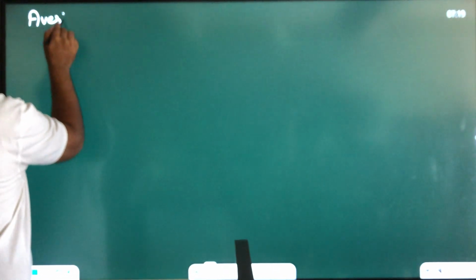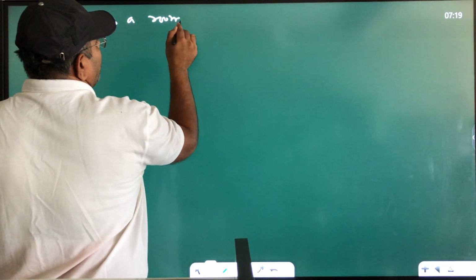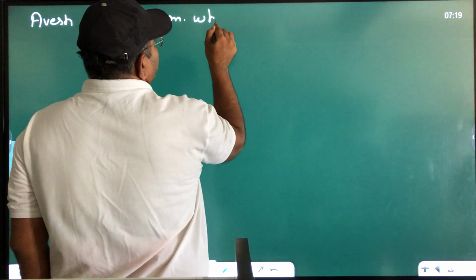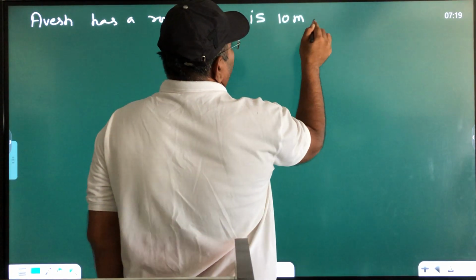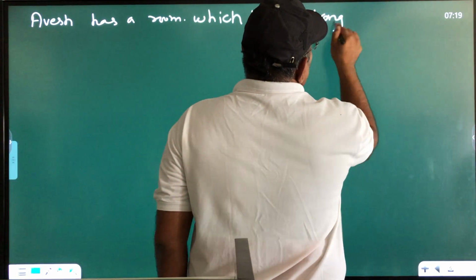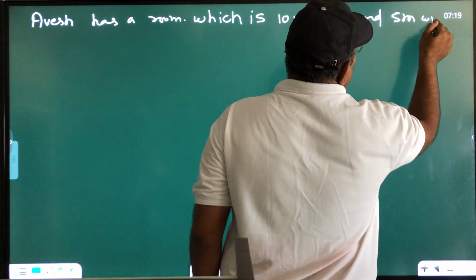For example, Aves has a room which is 10 meter long and 5 meter wide.